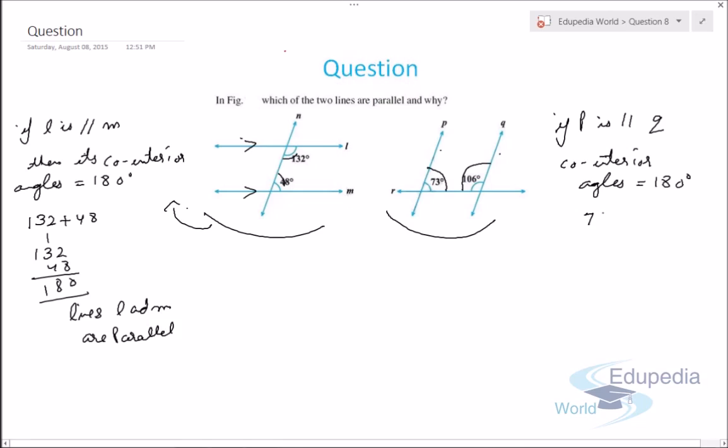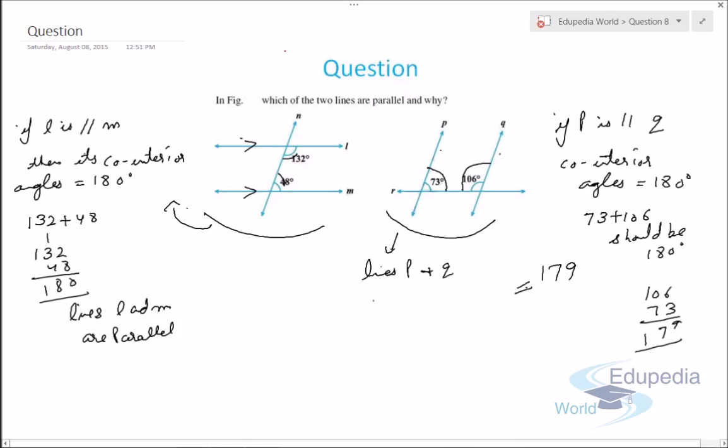Means 73 plus 106 should be 180, right? So let's check. 106 plus 73 is 179. So it's not coming out to be 180. So we can say that lines P and Q are not parallel lines. Only lines L and M are parallel lines.